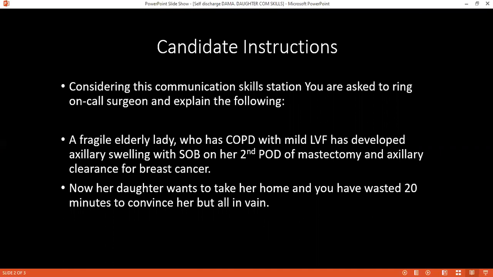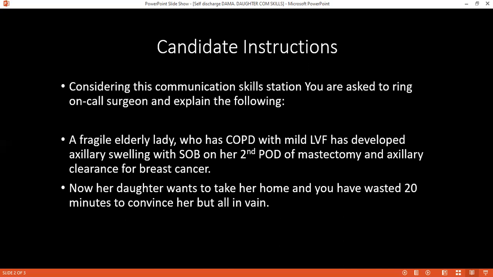It's also possible that it can be from a lymphedema arising from the axillary clearance for the mastectomy. So I also believe that the chronic obstructive pulmonary disease which the mother has would also affect her management. So she needs to be in the hospital.